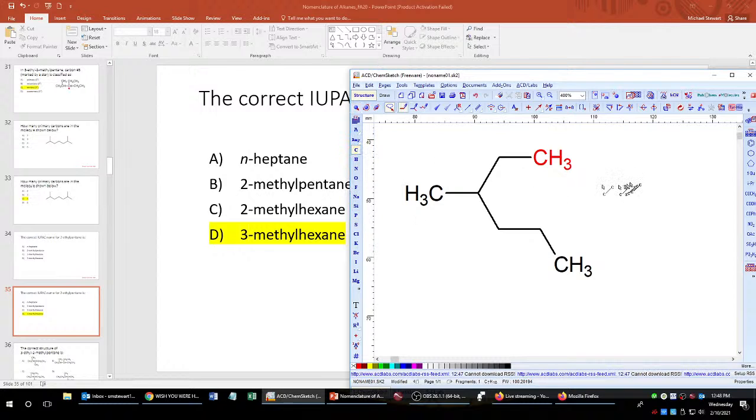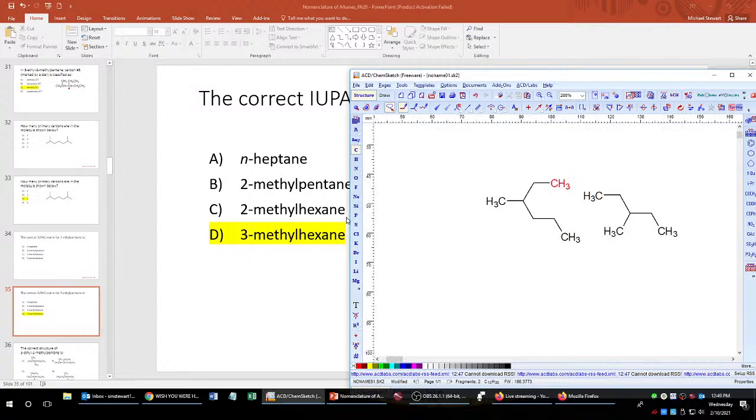If we draw pentane and do 2-methyl, we get that structure. They're clearly not the same thing. If we do 2-methylhexane, there's our hexane chain with a methyl, they're not the same thing.